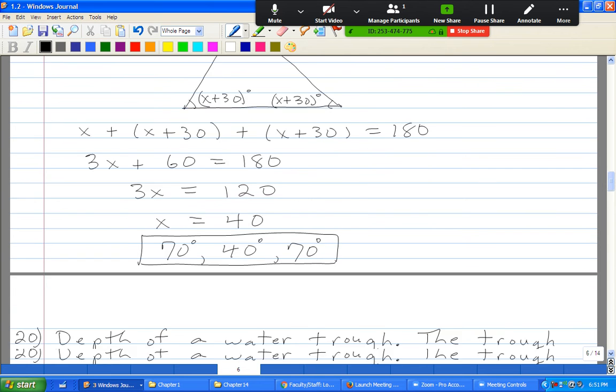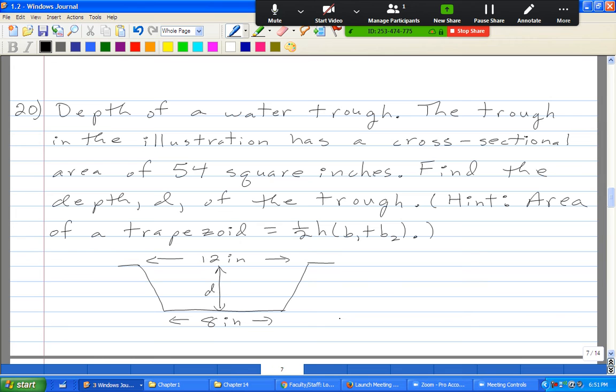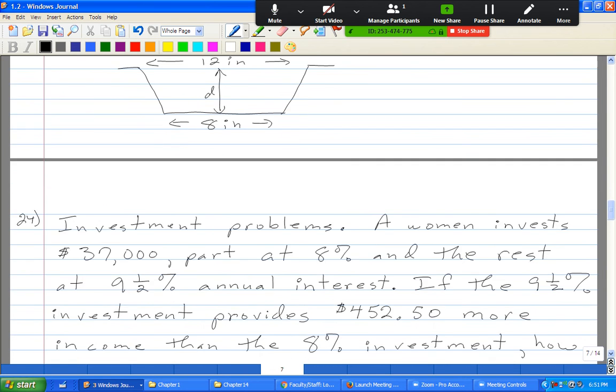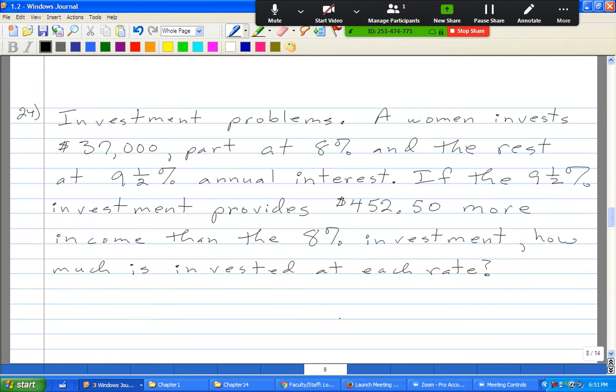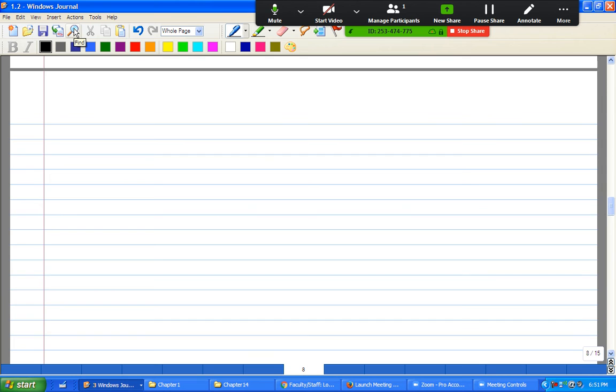Let me do problem number 20. Depth of a water trough. The trough in the illustration has a cross-sectional area of 54 square inches. Find the depth D of the trough. Hint, area of a trapezoid is 1/2 (B1 plus B2) times h. Okay, so let's do this. Obviously needs a little bit more space here.